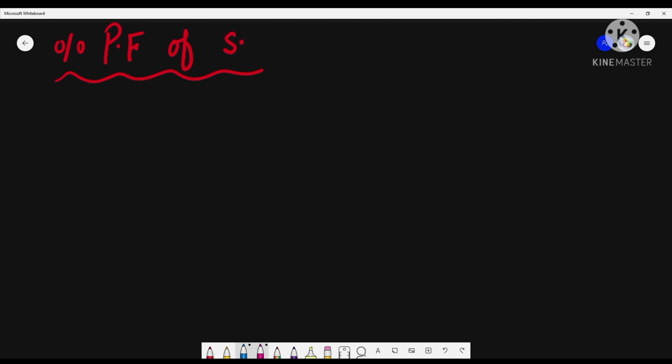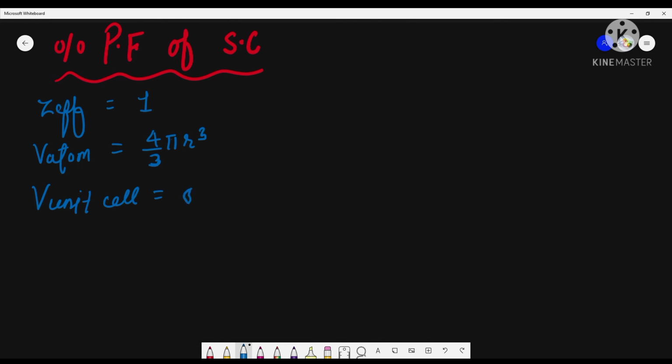Previously we have seen Z effective equal to 1, volume of atom equal to 4 by 3 pi r cube, and volume of unit cell equal to 8r cube.